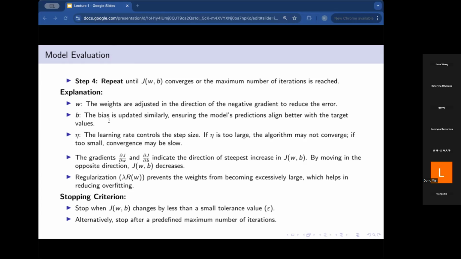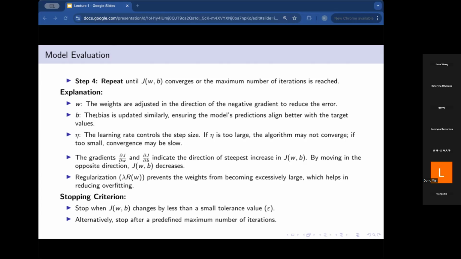On the other hand, if it's too small, the convergence process may be slow. The gradients, partial J over partial w and partial J over partial b, indicate the direction of steepest increase in the cost function J of w and b. And by moving in the opposite direction, the cost function decreases.